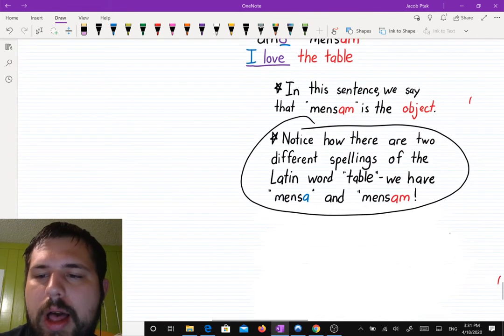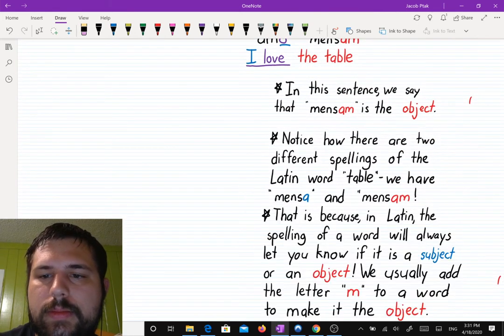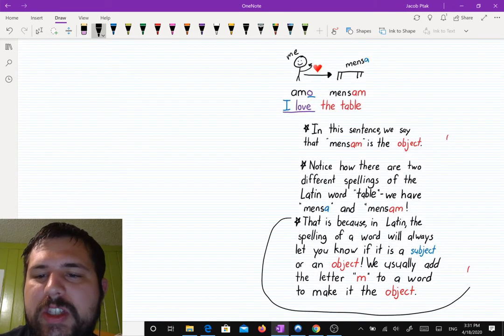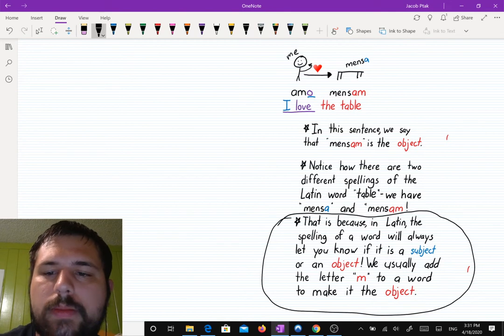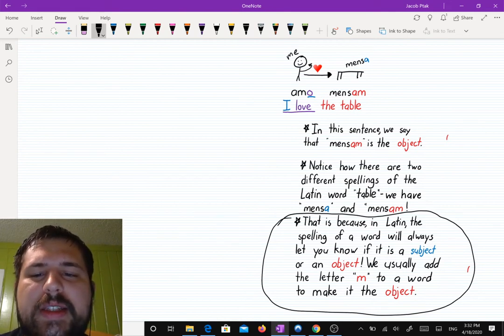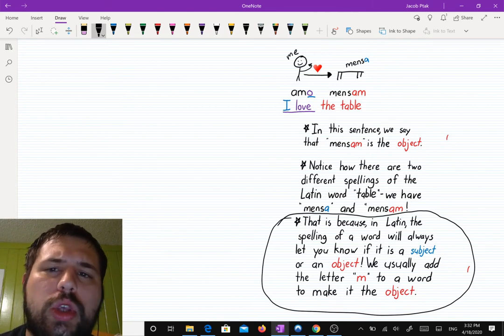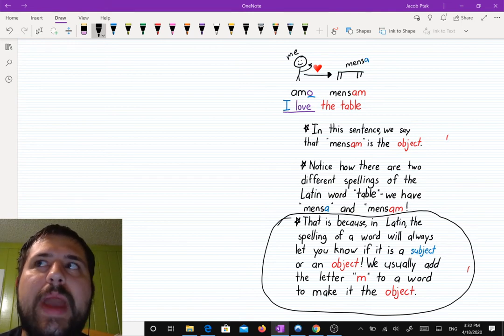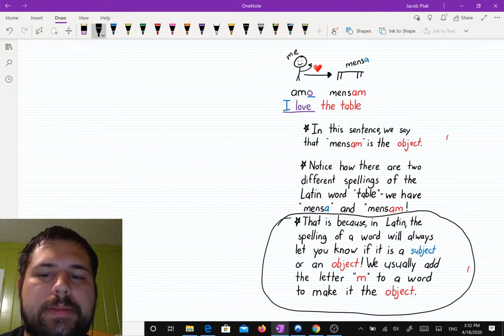This is because in Latin, the spelling of a word will always let you know if it is a subject or an object. We usually add the letter M to a word to make it the object.